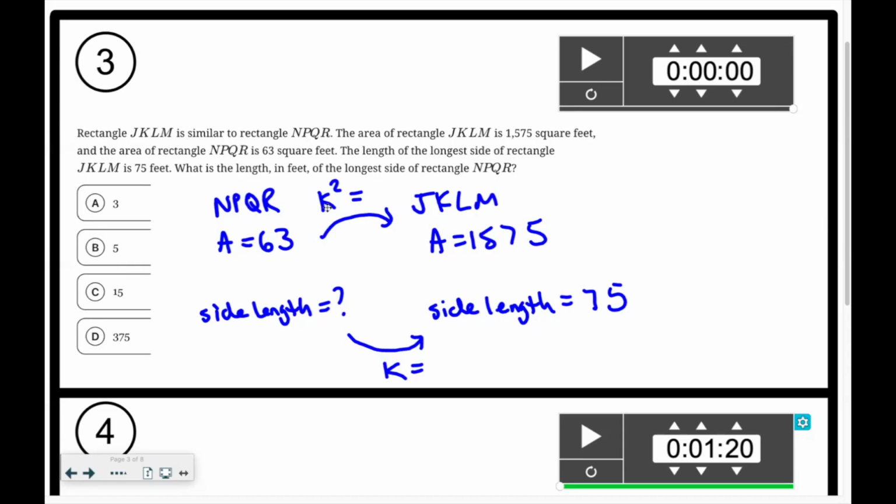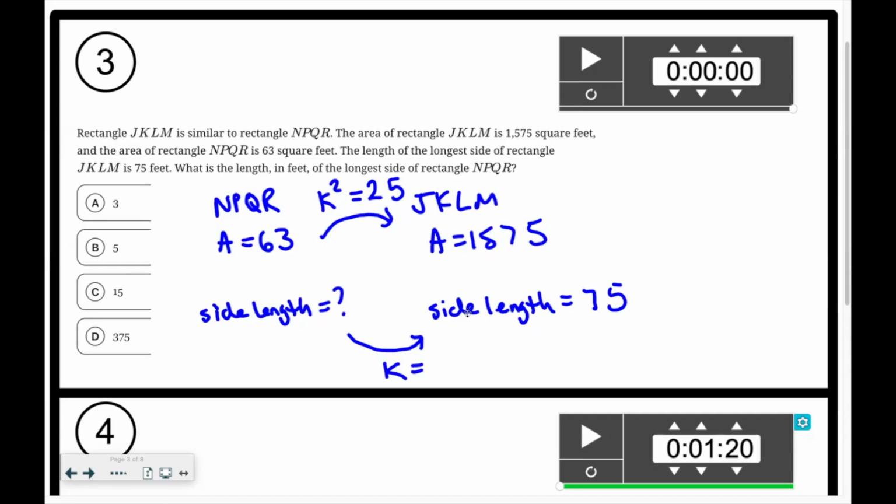Again, I'm setting it all up, but when we're actually doing the problem, that's the first thing we would do. We would do 1575 divided by 63, and we get 25. What that means is that the smaller area was multiplied by 25 to get the bigger area.